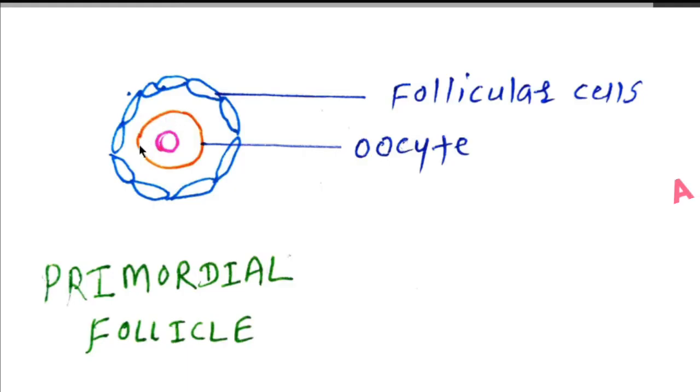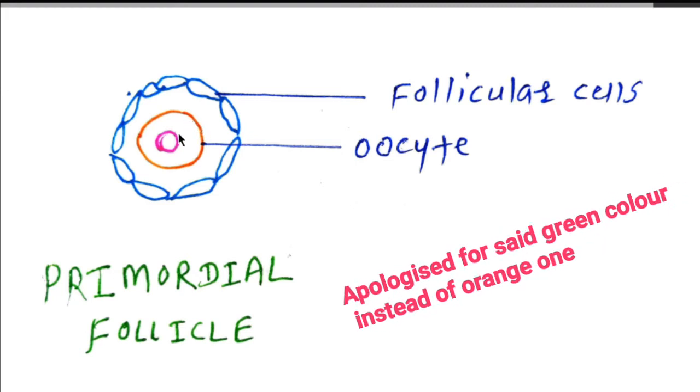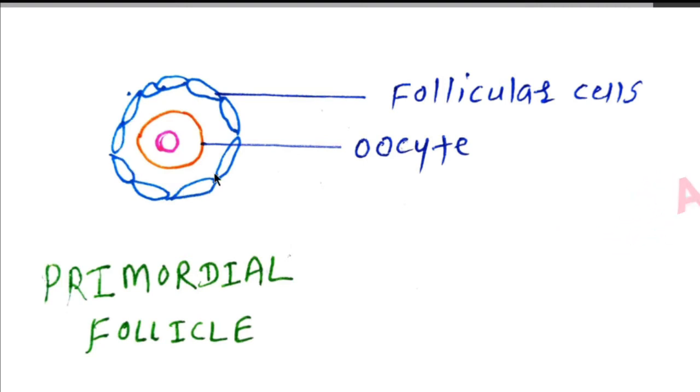In this structure you can see this is the oocyte, shown in the green boundary, and inside this oocyte is the nucleus of the oocyte. You can see this oocyte is surrounded by a single layer of follicular cells. These blue colored cells are the follicular cells which surround the oocyte.